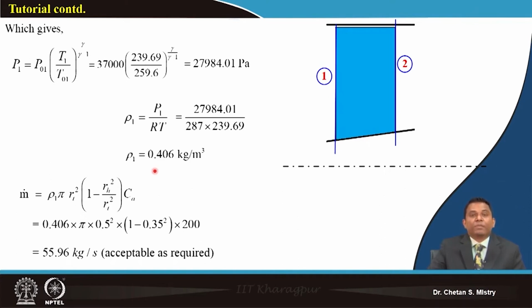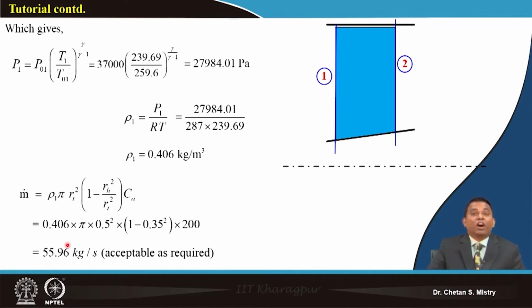This density is coming to 0.406 kg per meter cube. Now if we put this in our mass flow rate equation, it comes to 55.96 kg per second. So we can say this is in an acceptable range. This is very important when we are making our assumption for axial velocity.